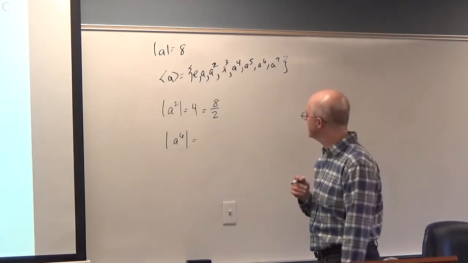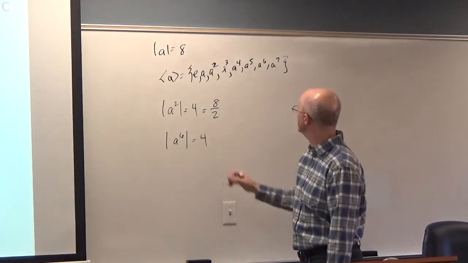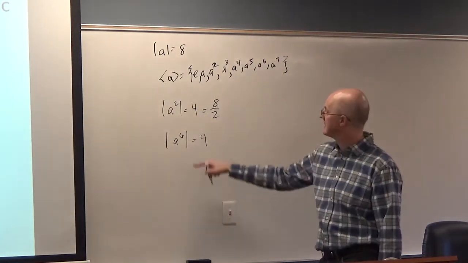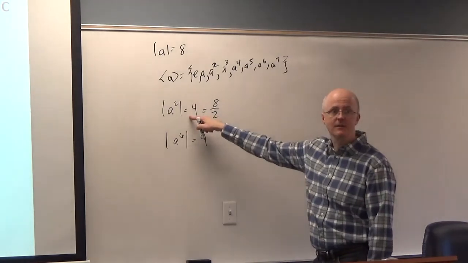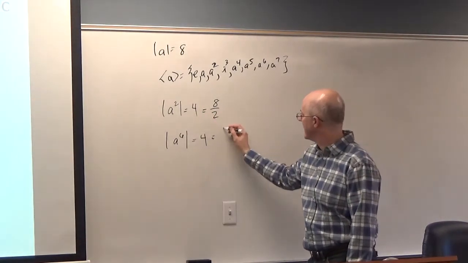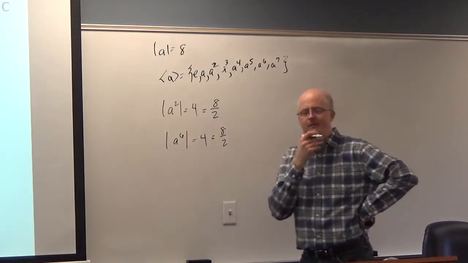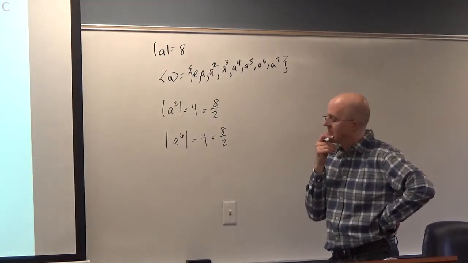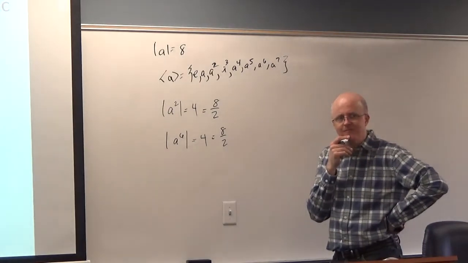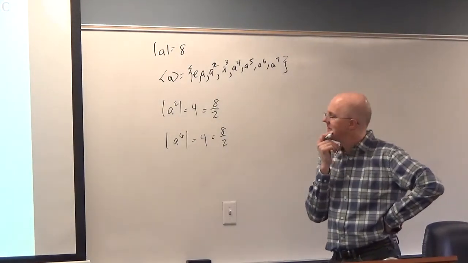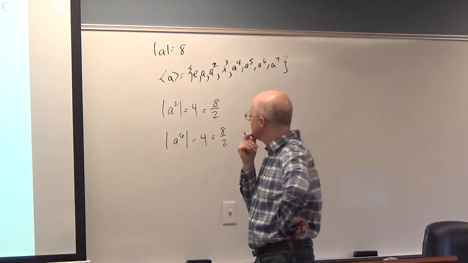The order of A to the 6th is also 4. This generates the same cyclic subgroup as A squared. And 4 is, again, 8 divided by 2. 2 is no longer the power there. Maybe we need more data. Are they still related in some way?